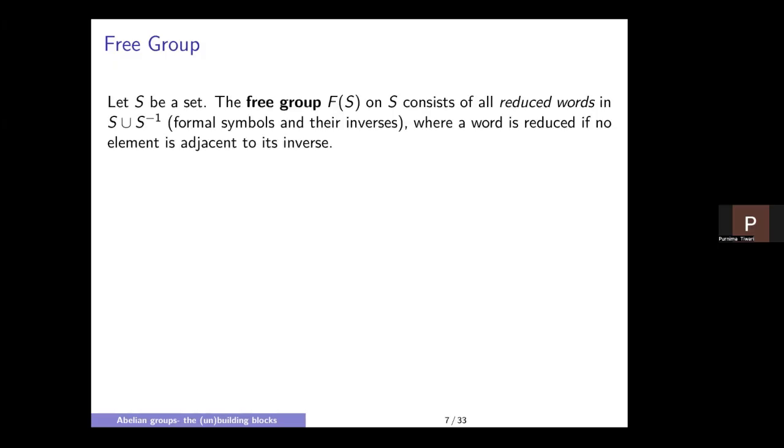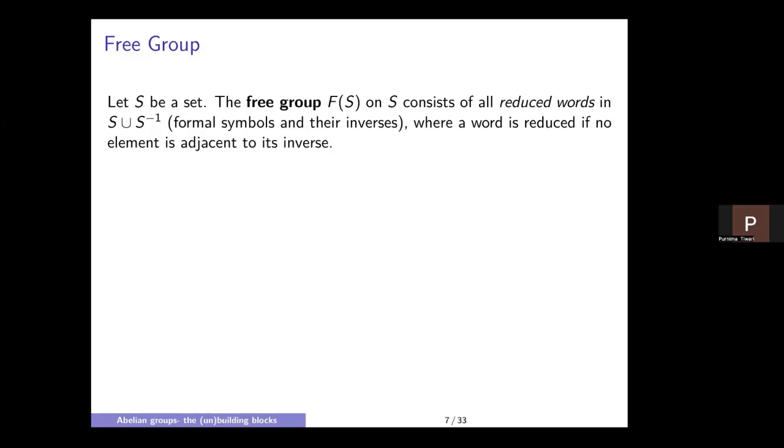Let's define free group. Consider S to be a set. We are not imposing it to be an empty or a non-empty set. Let S just be a set. Then the free group, that is F(S), so we are defining a group on S, which is we generate a group F(S) from the elements of the set S, consists of all the reduced words in S union S inverse.